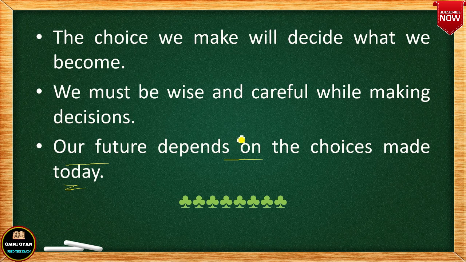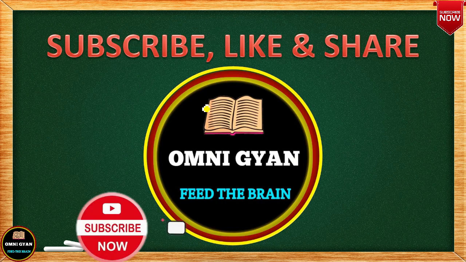So make your choices very wisely and carefully. This is what the poem teaches us, and Robert Frost has written it very, very wonderfully. And that is why in the beginning I said that this video is specially for the students. Okay, so that's all. I hope you have understood the poem, and thank you for watching the video.